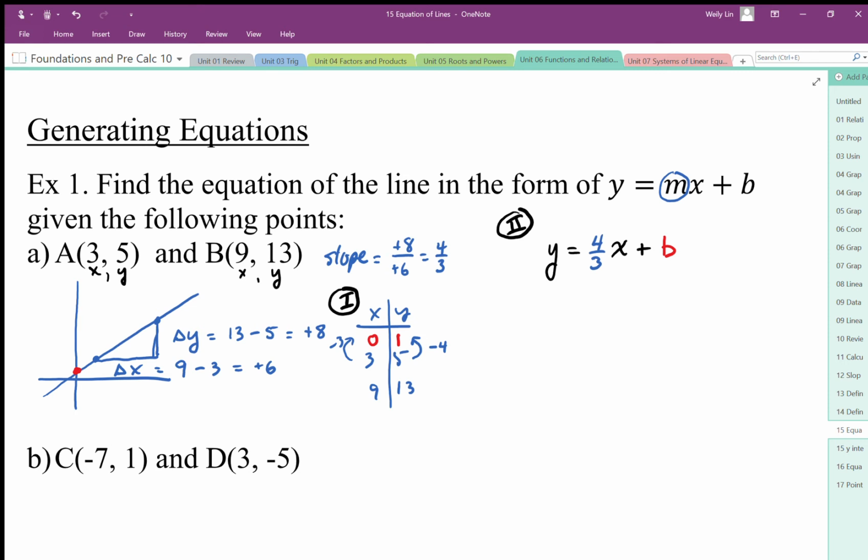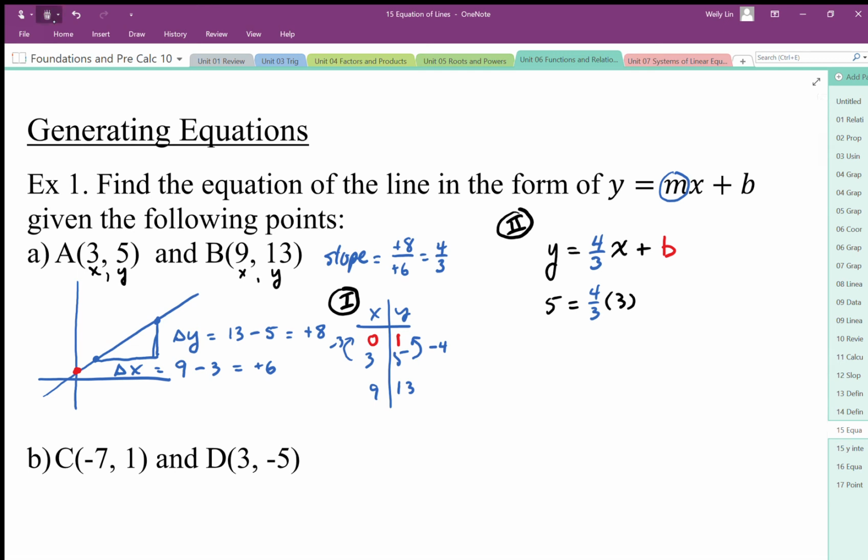If we have a coordinate pair, a pair that is a relationship, it can always fit back into the relationship. So I'm just going to choose one of these 2 points. It doesn't really matter which one, because they both are going to fit into this equation. And notice what happens. I'm going to put x is 3 and y is 5 into this equation. I already knew my slope was 4 over 3.